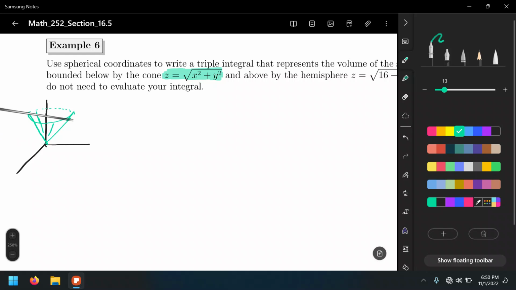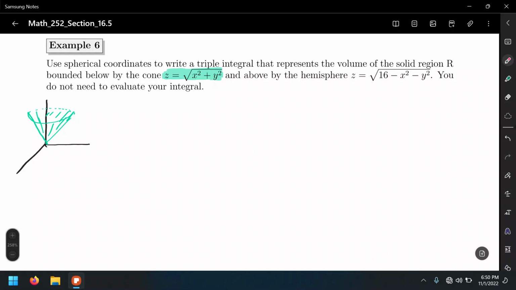All right. And above the cone we have a hemisphere, or only part of the hemisphere, because if we take the sphere as a whole, it would essentially look like this. But we don't want that whole sphere. It's kind of hard to draw the hemisphere, but the way I'm going to draw this, it's only the part that looks spherical, and it's going to look like an ice cream actually.